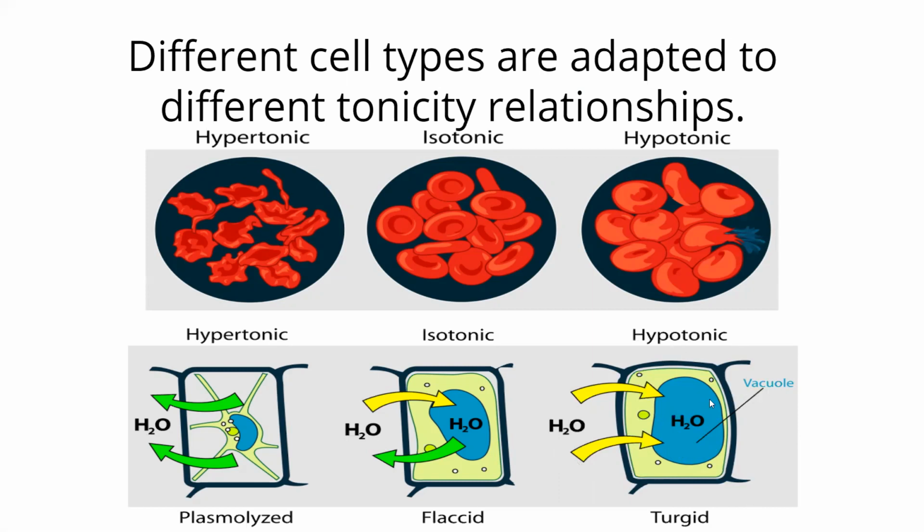If you've ever seen a wilty plant, it's usually because they're not getting enough water. They want to be in very watery environments in order to help them out. But anywho, that is tonicity, and it's all due to, again, osmosis, water moving from a high concentration to a low concentration.